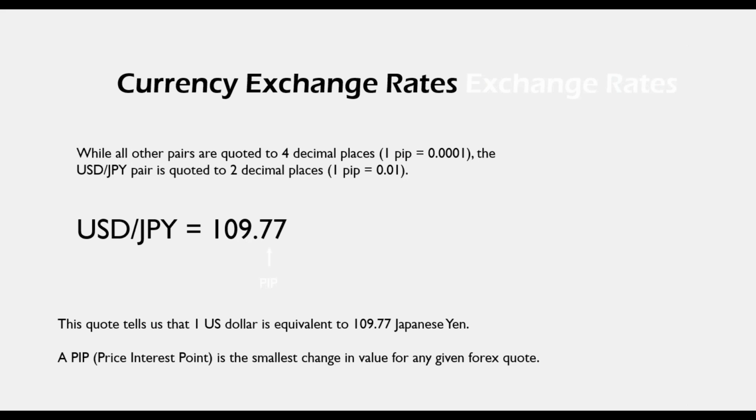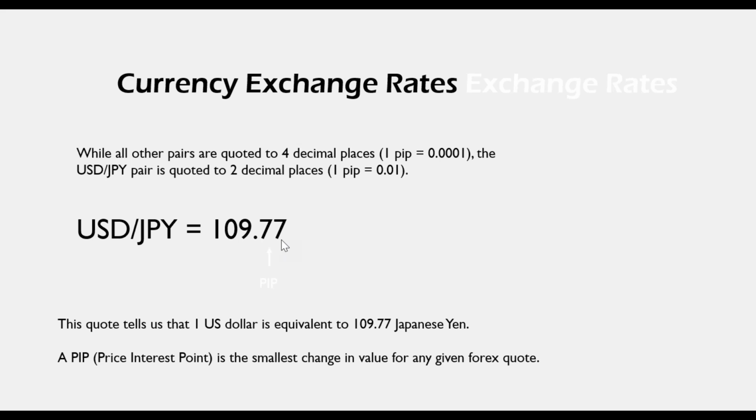The US dollar Japanese yen pairing is the only one that is quoted in 2 decimal places. In other words, 109.77, that's what it was when we bought the pairing. 1 pip is 7 right here.